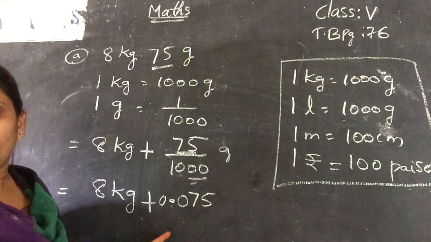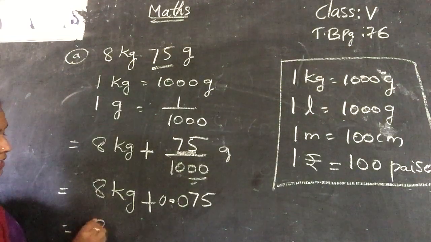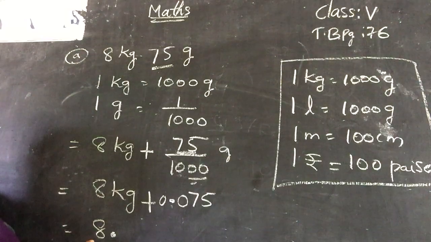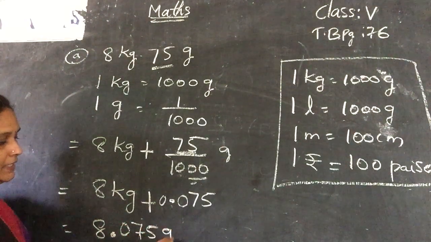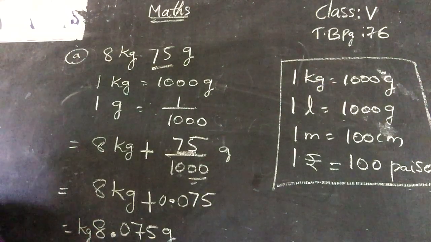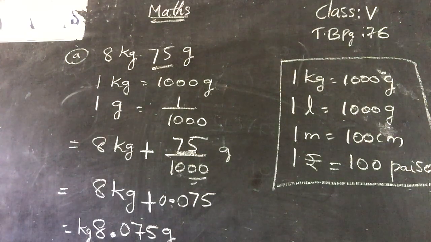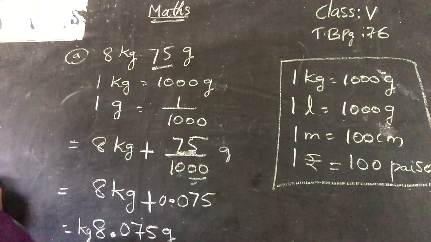So in the whole numbers place you write 8, and in the grams place you write 075. 8 kgs 075 grams. One more sum I will explain, then you will understand very easily.